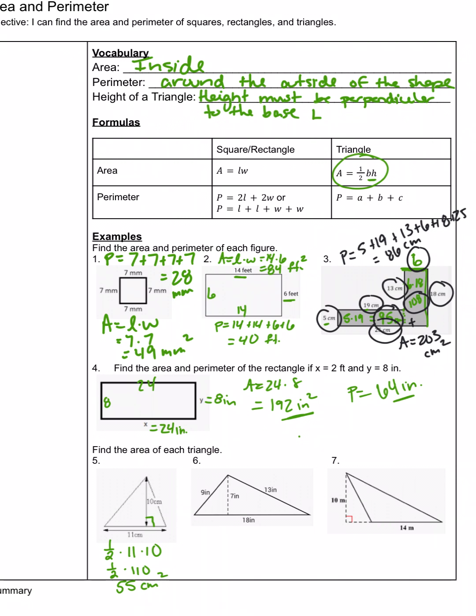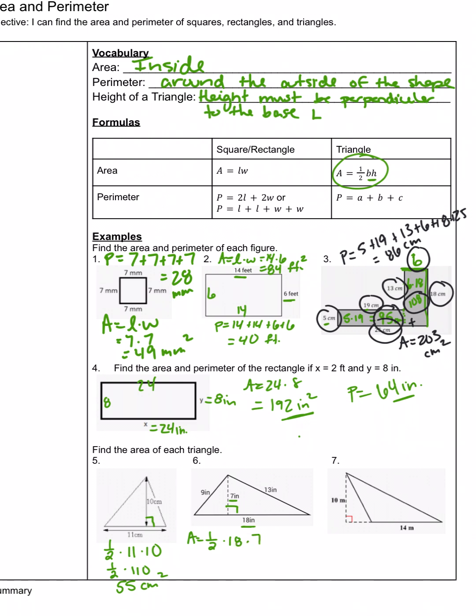For number 6, we said the base and the height have to be perpendicular. So let's say that the base is the 18. What number, 9, 7, or 13, is perpendicular to the 18? It's the 7. This would make that nice 90-degree angle. So then the 7 must be the height of this triangle. So we want area equals 1/2 times the base, 18, times the height, 7.